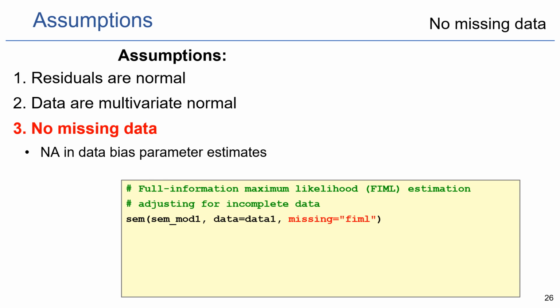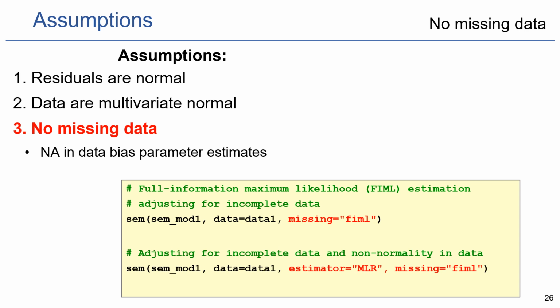We should use the argument missing in our SEM function, and specify FIML, which stands for full information maximum likelihood. Also, if our data are not complete but also not normal, we can use estimator equal to robust maximum likelihood and missing equals full information maximum likelihood.